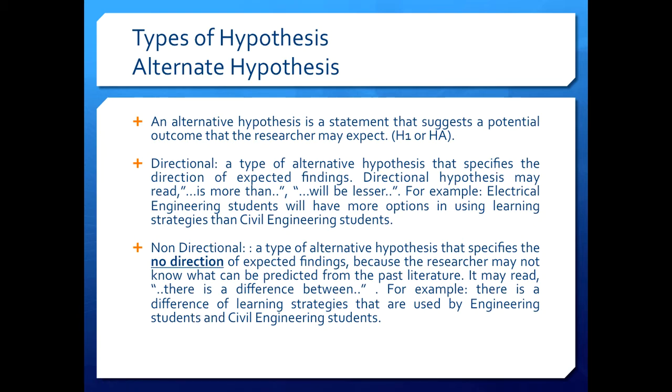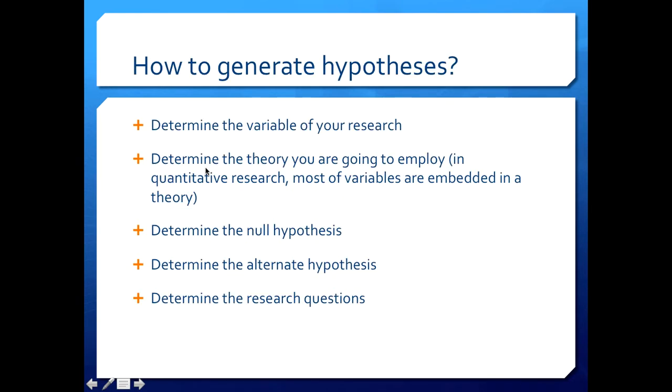So in this case, you might ask why non-directional seems to be a bad hypothesis, right? It's simple and too wide, but as happens in educational research, non-directional alternate hypotheses are widely used instead of the directional ones. So how to generate hypothesis?